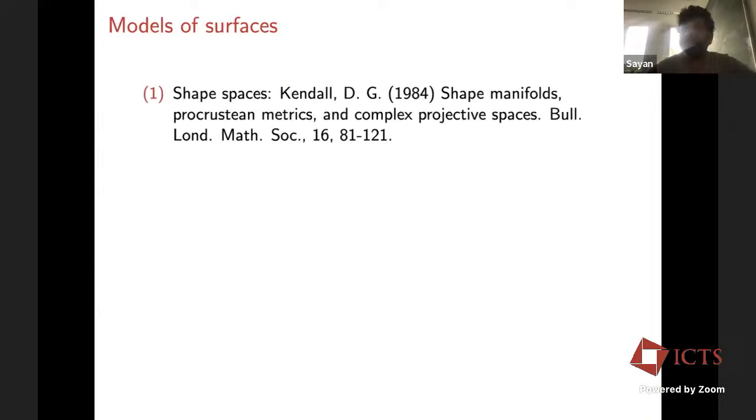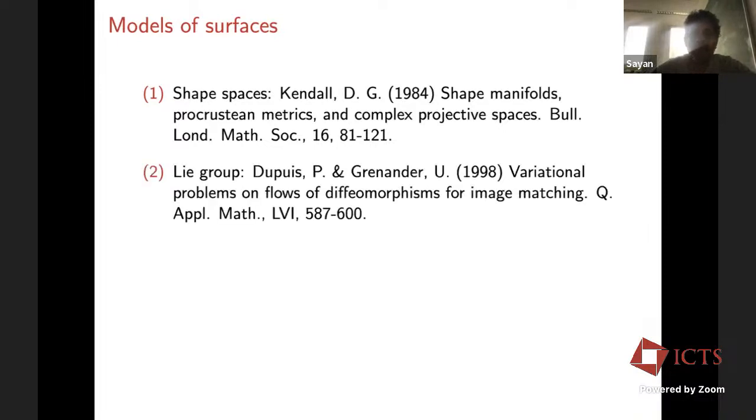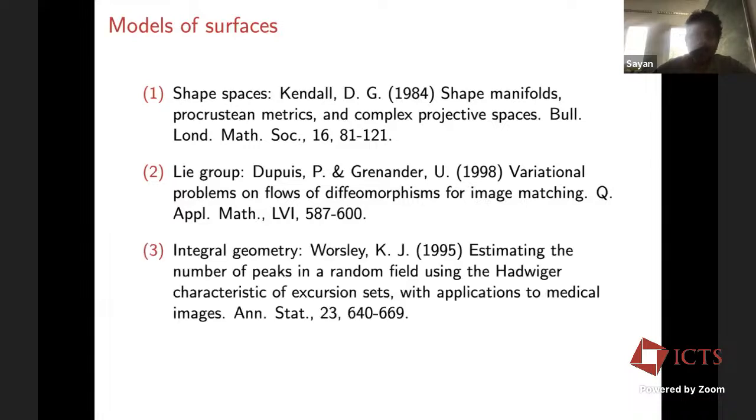In terms of shapes, there have been 3 classical models. One is the shape space model by Kendall. Another one is a model based on diffeomorphisms. And the one that we will talk about a lot today is a model based on integral geometry.